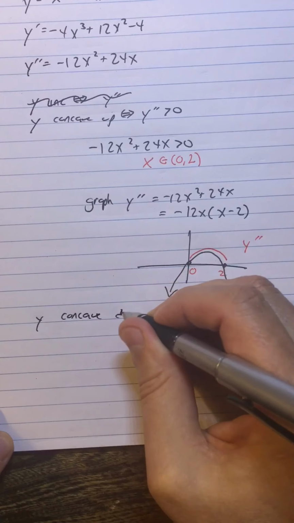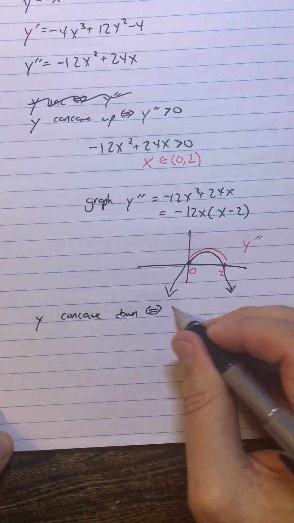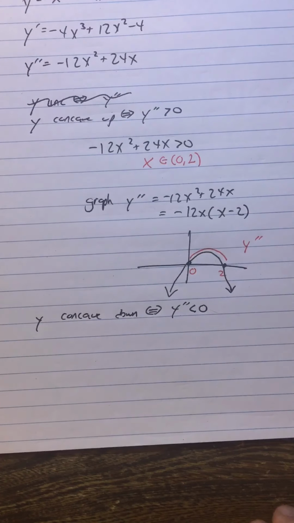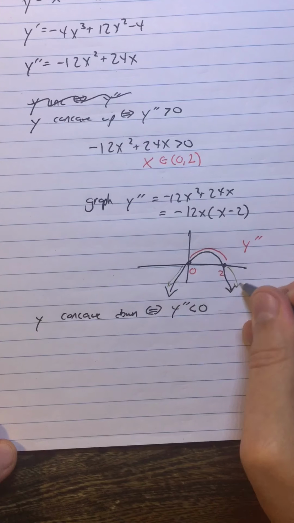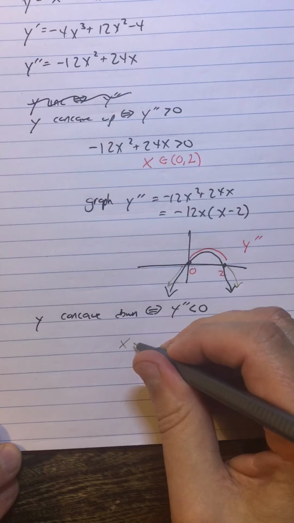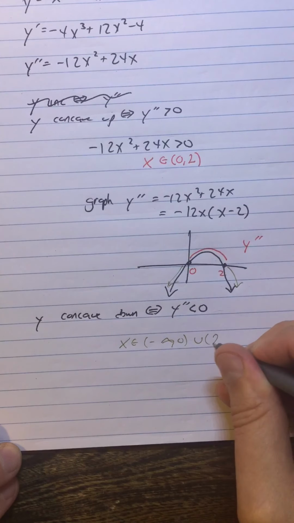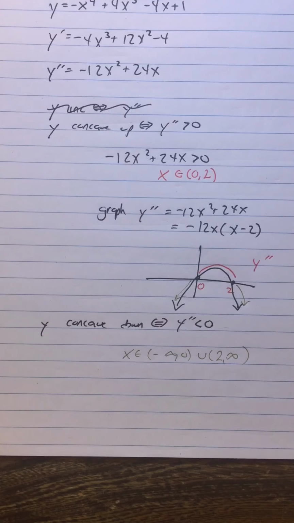That's why I like solving by graphing, because you get everything, you get all the intervals right away. Concave down when y double prime is negative, and we can see from the graph that happens down here and down here. So that's going to be on x is an element of negative infinity to 0, union 2 to infinity. All right, so I can get all that by looking at the graph of y double prime.